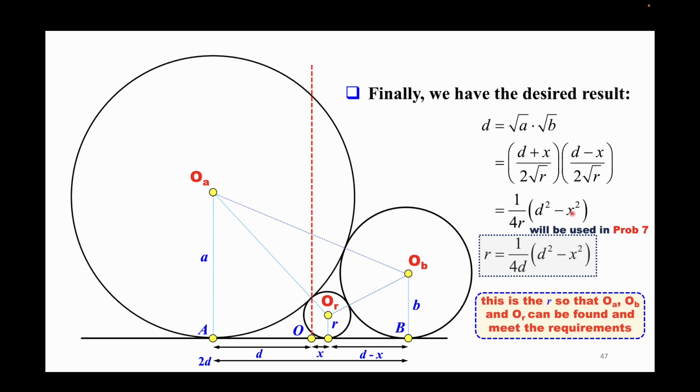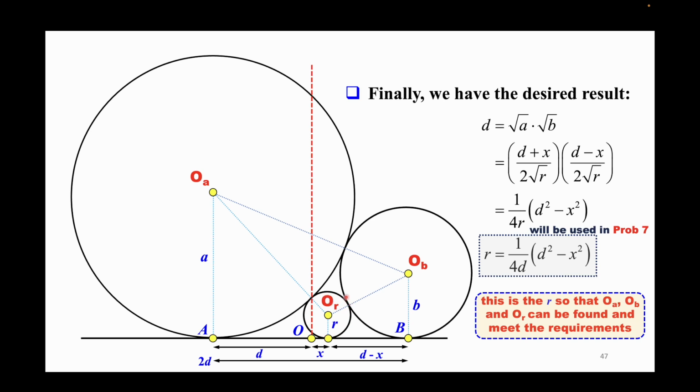Because what we want to find is r, we move r to the left-hand side, D to the right-hand side, we have this. In other words, what we have found is very important. Given a distance X from the midpoint O, a circle with radius r, which is equal to this, can be constructed.